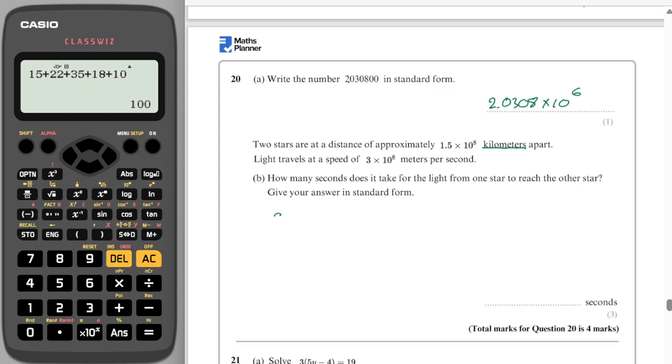Speed is equal to distance divided by time, so time is equal to distance divided by speed. In this case, the distance is 1.5 times 10 to the 8 times by 1,000 to convert that into meters, divided by 3 times 10 to the 8.